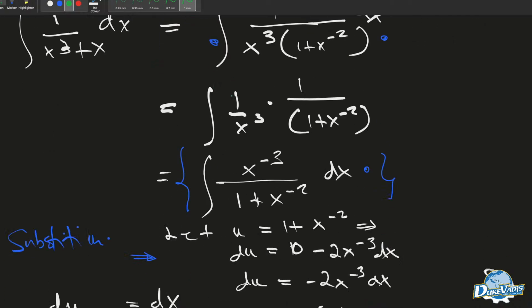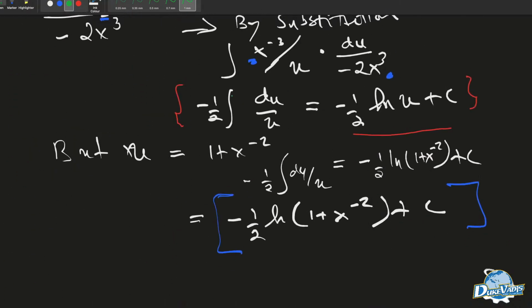So let's see if we decide to use partial fraction. Partial fraction will be the alternative method.